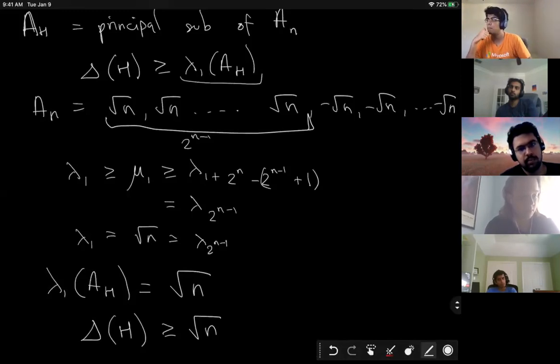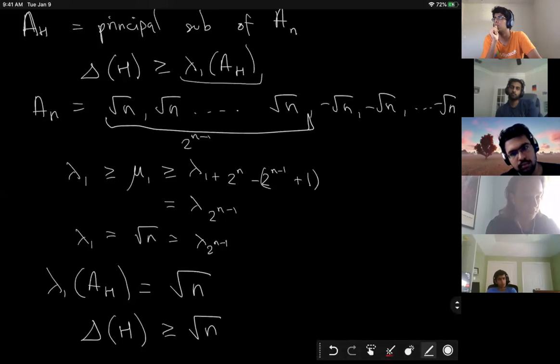Which gives you what you need, which is pretty cool. The proof itself is literally 2 pages long. There's some comments on here about how this is actually tight, apparently. I don't actually know, I didn't read too much detail.